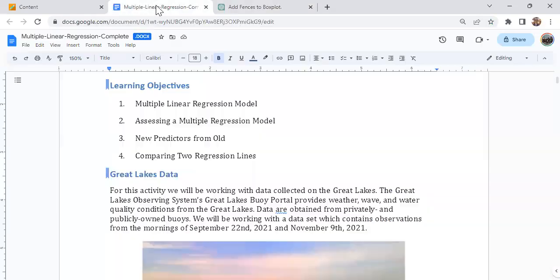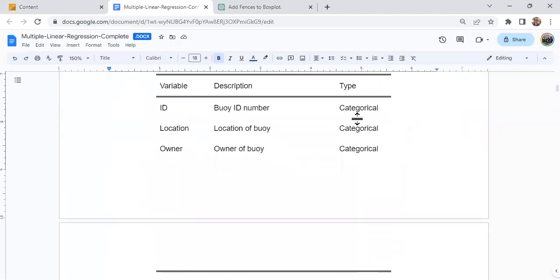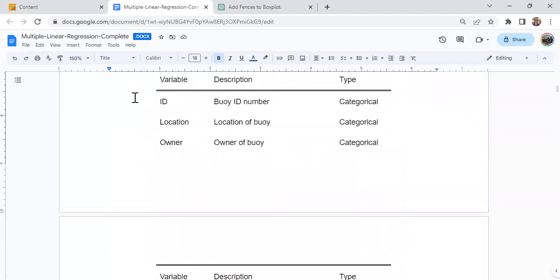So we're working with some data that I grabbed from that system in the fall of 2021 on just 2 days in particular, September 22nd and November 9th. And so the variables in this data set, each buoy has an ID number.